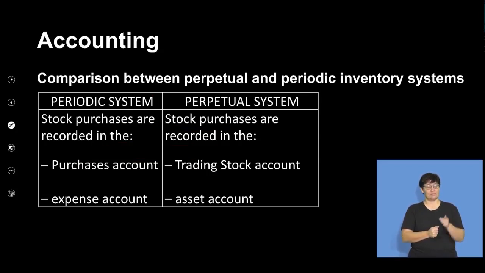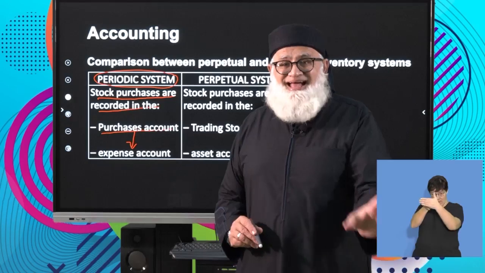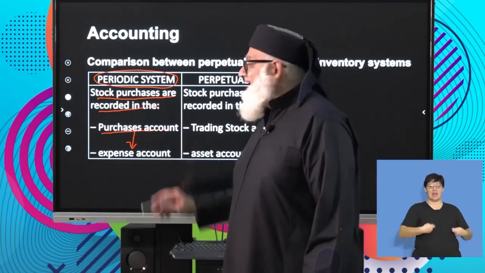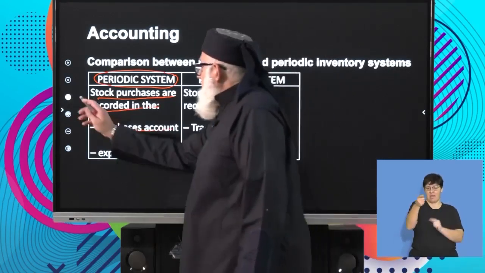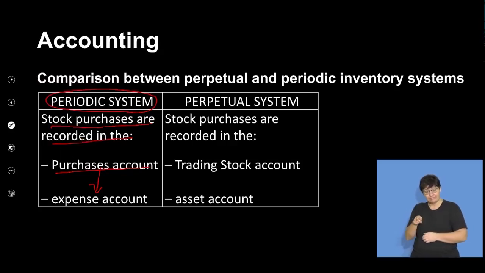When you're dealing with a periodic inventory system, stock purchases are recorded in the purchases account, which is regarded as an expense. Notice, when you buy stock, you record it in a purchases account, and that account is regarded as an expense account. Look at your perpetual system.